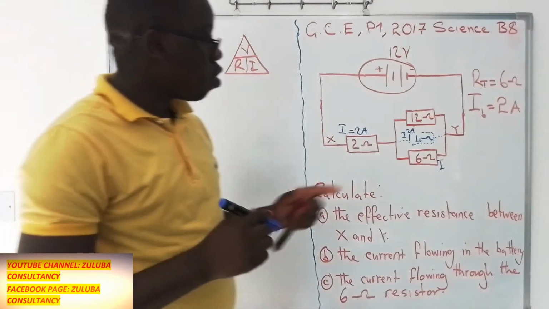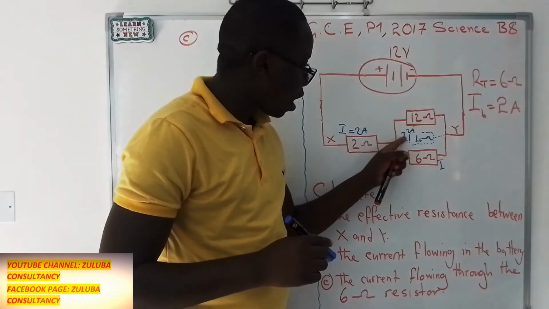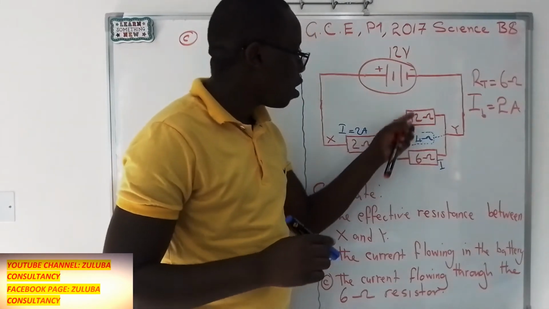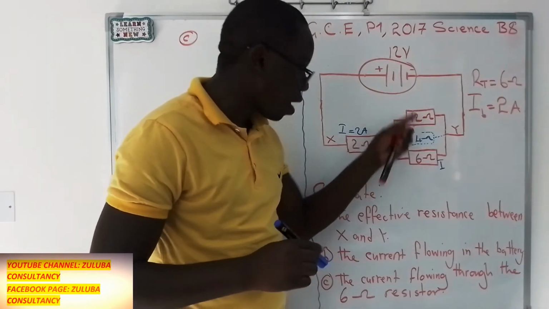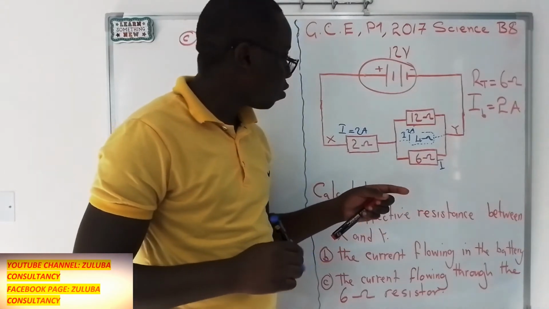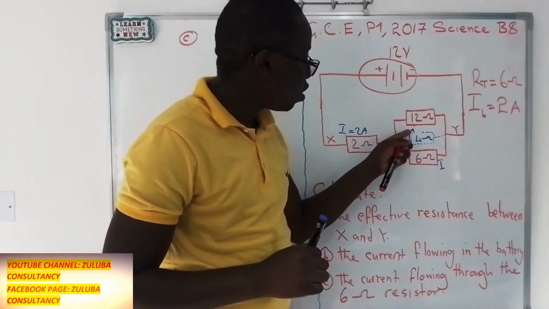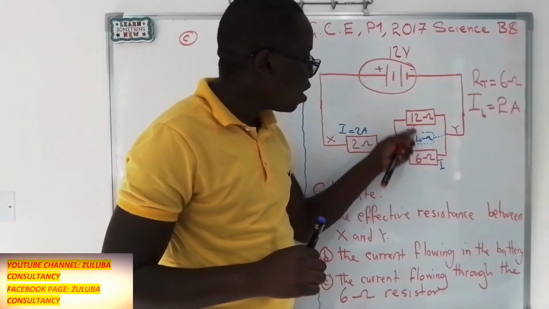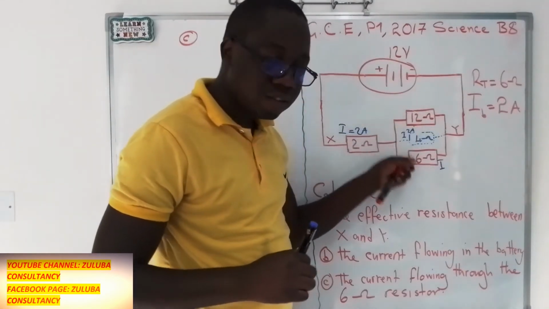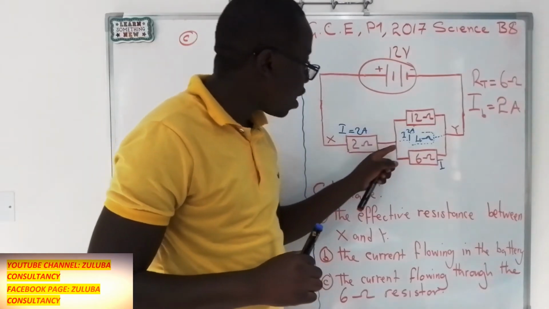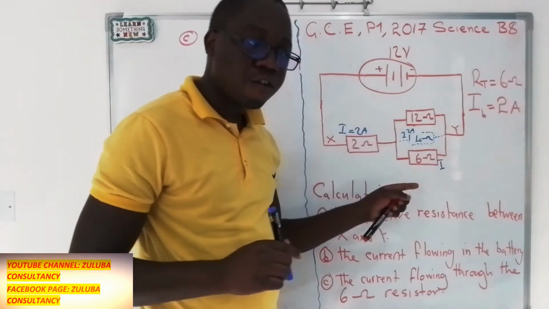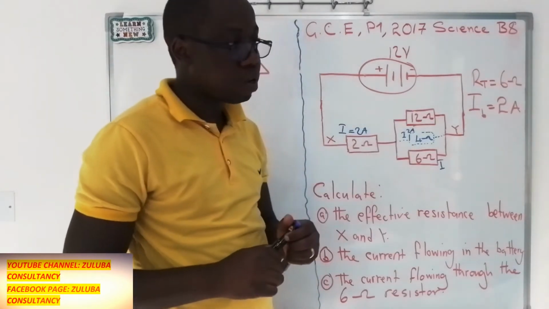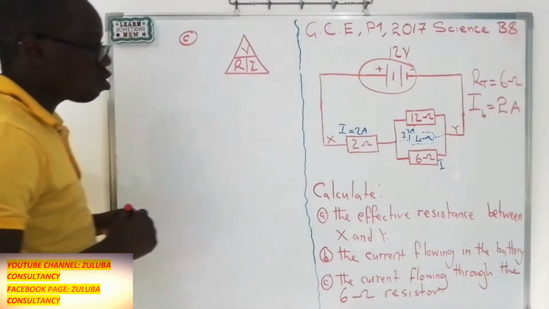So if you know the current that is coming at this point after the resolving of these two parallel resistors, we can use these 2 amps and the resulting resistor here to find the potential difference or the voltage that is reaching these two components. So that's the first thing that we need to have.